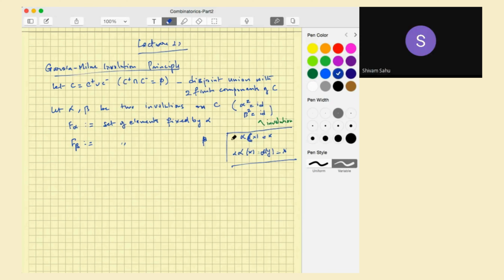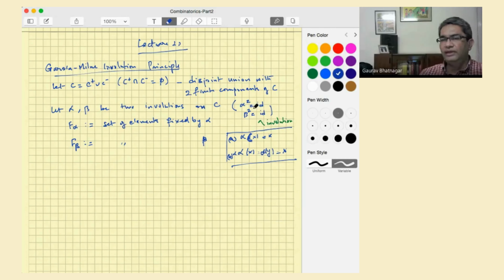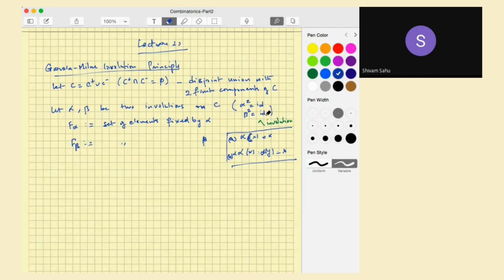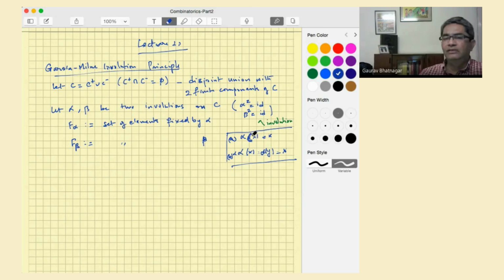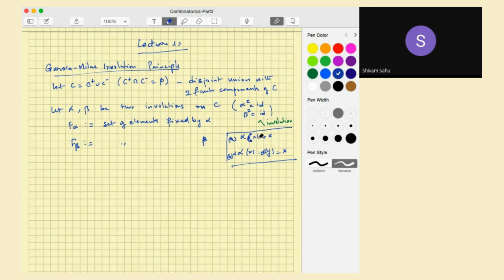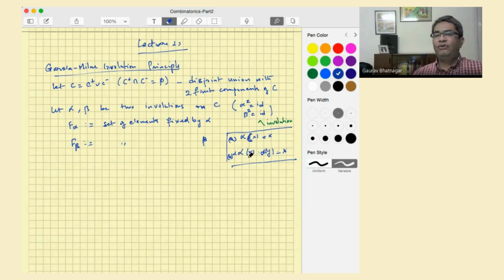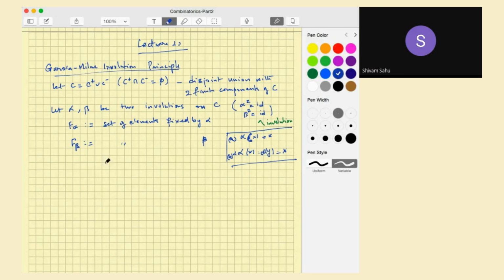So it can happen in two cases. It's possible that alpha takes x to x, some x. Then x is a fixed point. Otherwise, alpha of x goes to y, and then if you take another alpha, it has to come back to x.